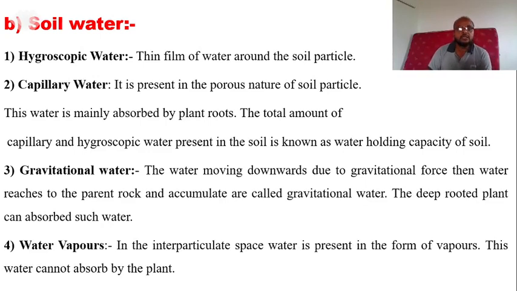Next one, there is some water present in the form of vapor called water vapor. The space present between the soil particles is called interparticulate space. Inside this interparticulate space there are certain water vapors present, and this water vapor is insignificant, that means it cannot be absorbed by the plant. So this is called soil water, which is the second composition of the soil.